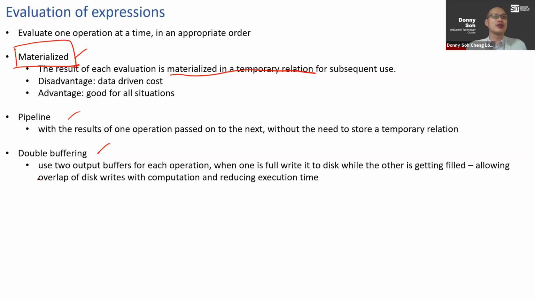Then of course we have pipeline, which means that the result of one operation is directly passed to the next. There's no need to store a temporary relation. The last is double buffering, which uses two output buffers for each operation.